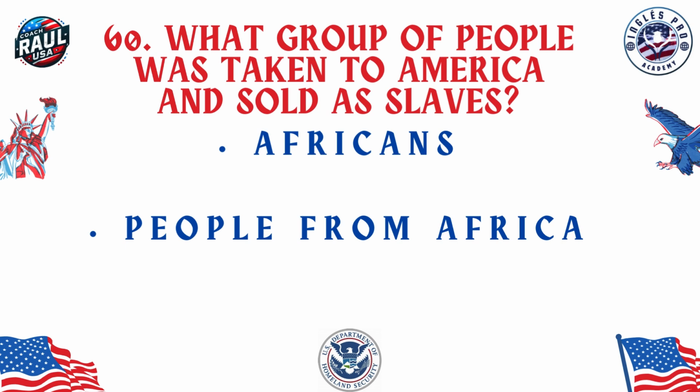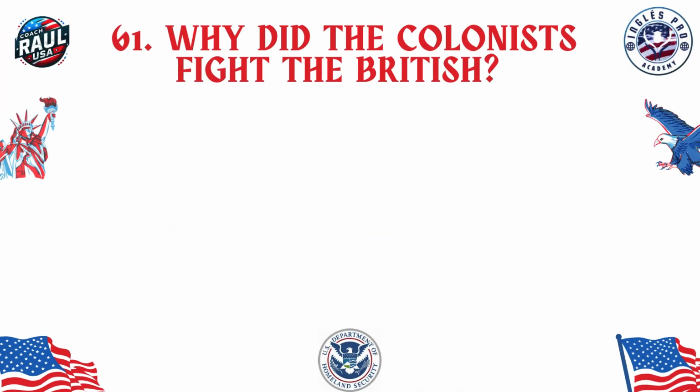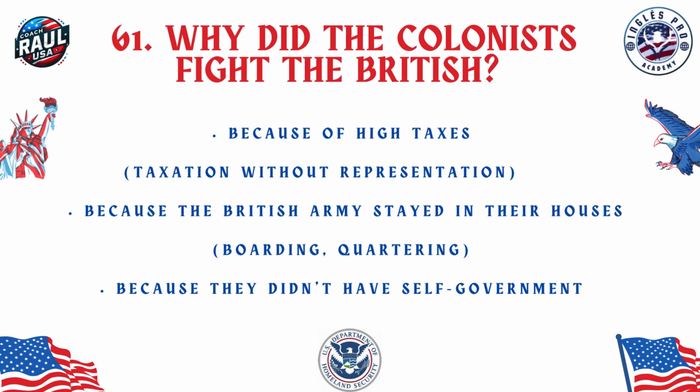People from Africa. Why did the colonists fight the British? Because of high taxes, taxation without representation. Because the British Army stayed in their houses, boarding, quartering. Because they didn't have self-government.